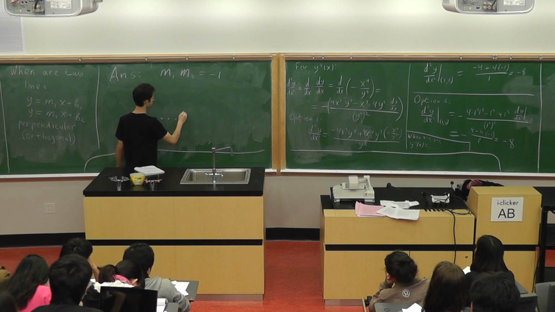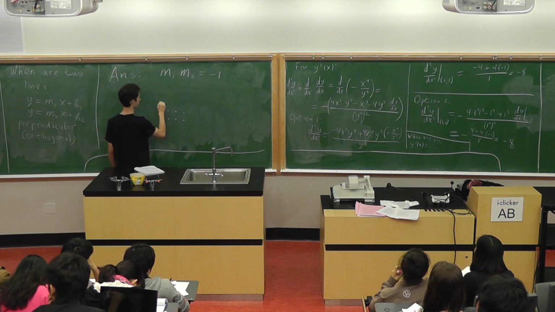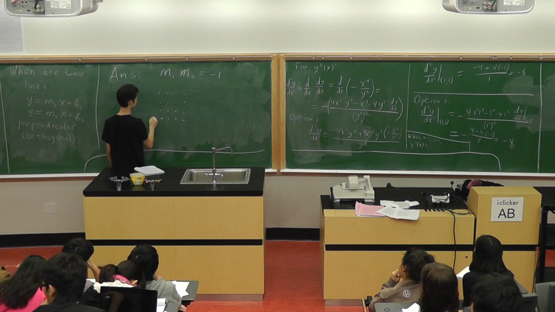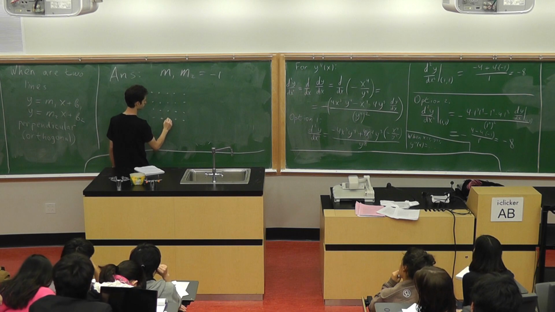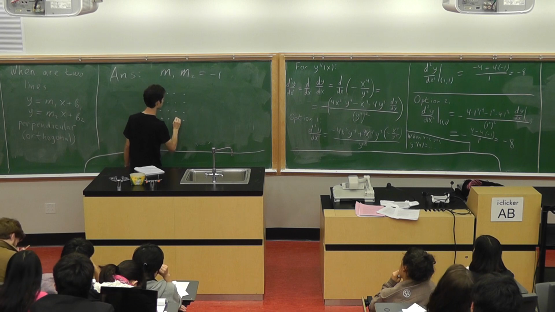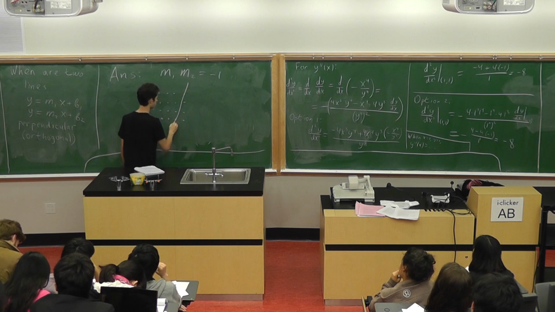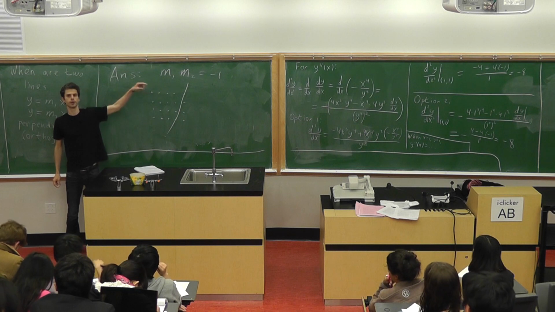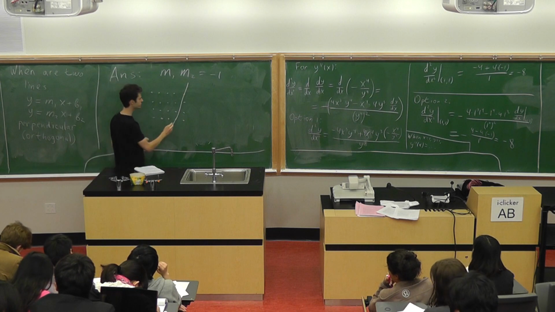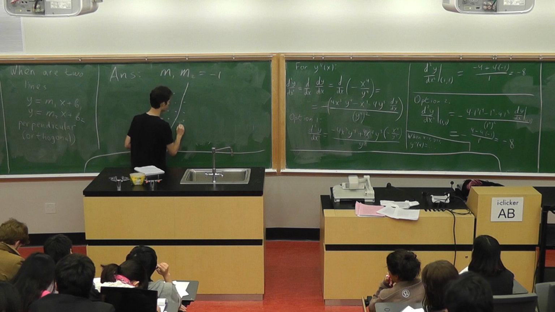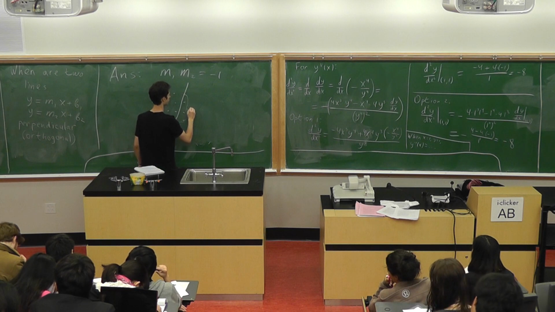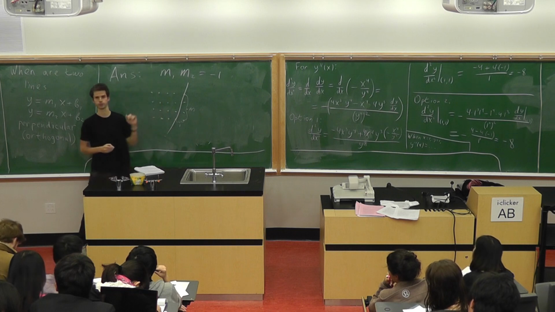Let me draw a picture. Have a line with slope m. It means that for every one step to the right, I make m steps upwards.